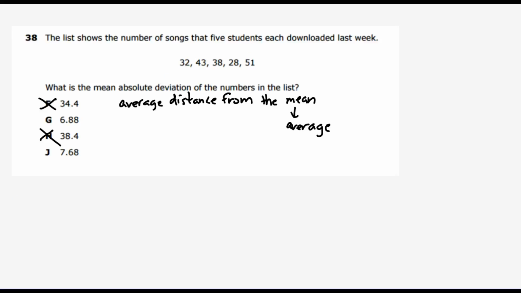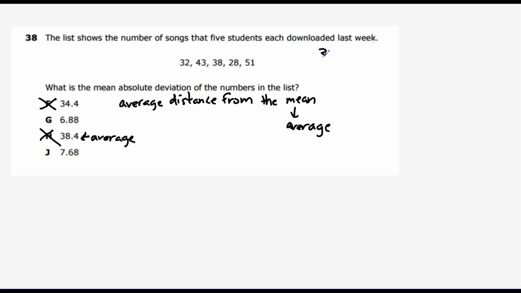So let's check. So 32 plus 43 plus 38 plus 28 plus 51 divided by 5. 38.4. Hey, how about that? So this right here is our average, or our mean. So what we do with that is we take each of these numbers and we subtract it from 38.4.